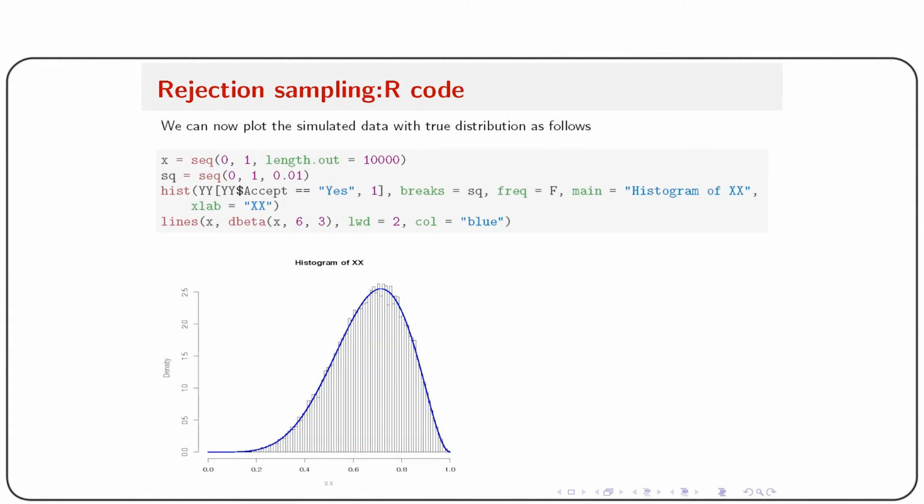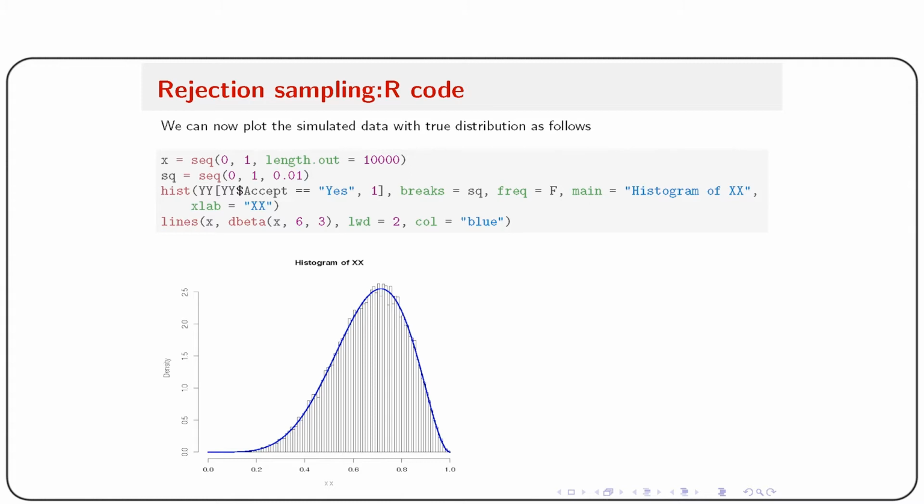Now we can plot the simulated data with the true distribution as follows. Suppose x equals a sequence from 0 to 1 with length 10,000, so 10,000 real numbers are generated sequentially in increasing order.